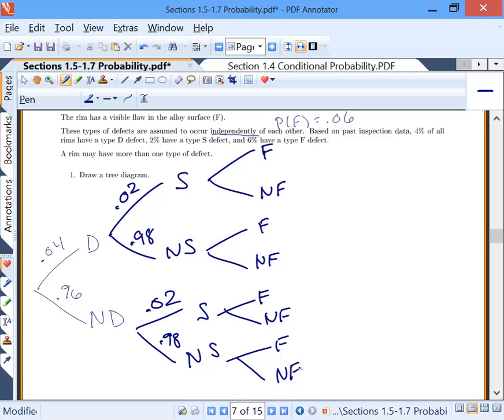And the probability of F is always going to be 0.06. And then, of course, the probability of not getting a type F would have to be 0.94.